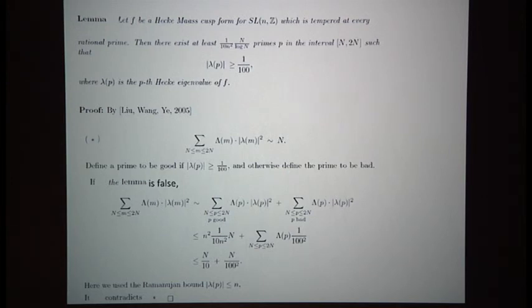So that tells us on the average, the lambda of p's are not small. But we want to get a positive proportion of primes such that lambda of p is not small. If at one prime the lambda of p is very big, then that destroys everything. So that's why we have to assume each lambda of p is not very big. So on the average they are not small, so most of them are not small. That's why we need temperedness.